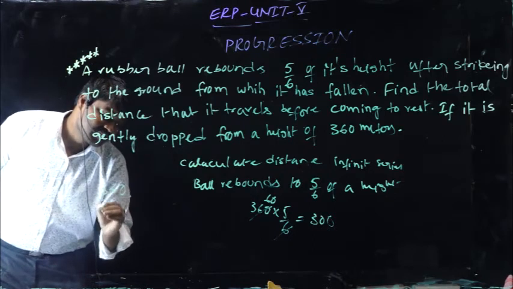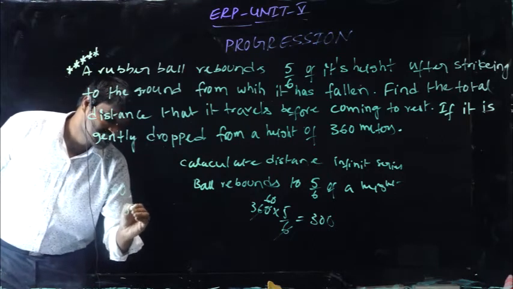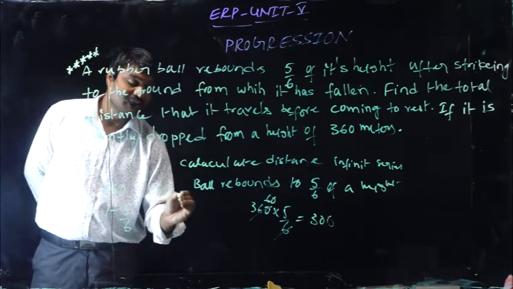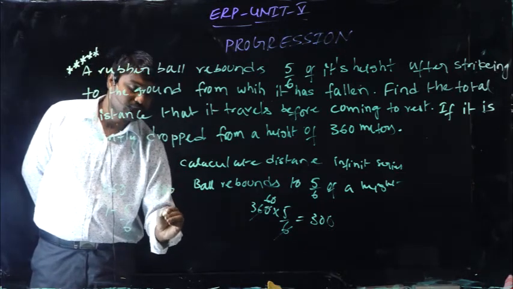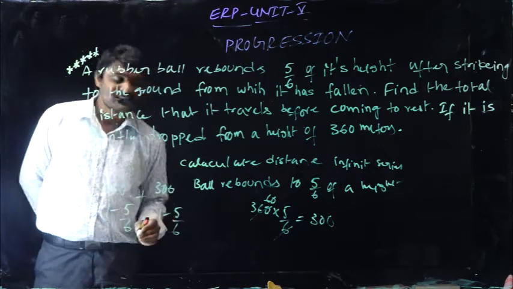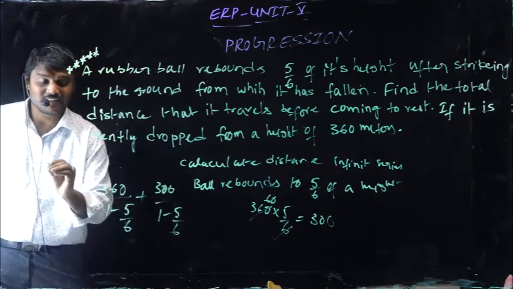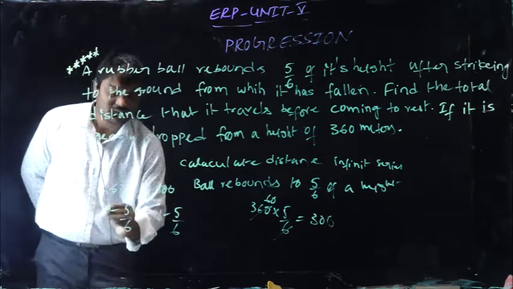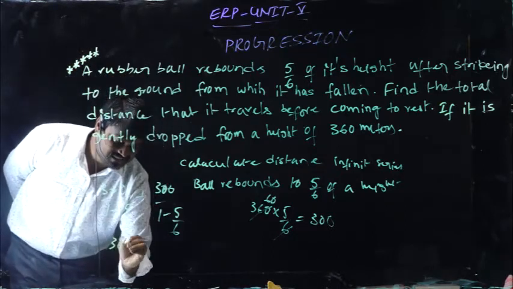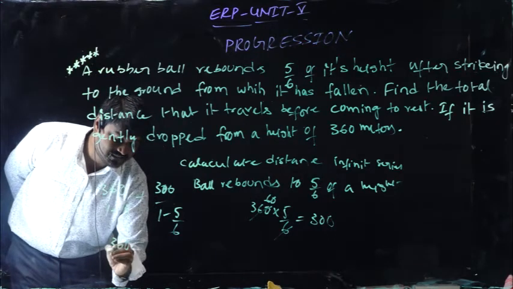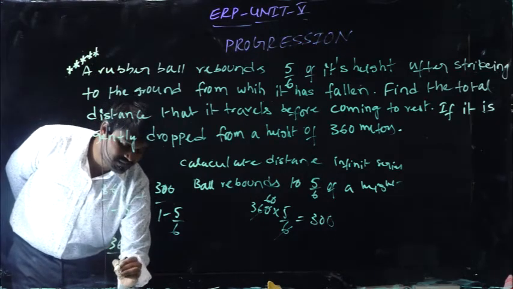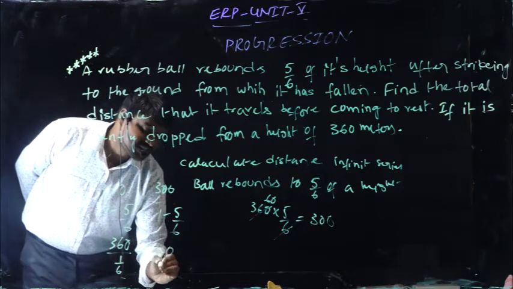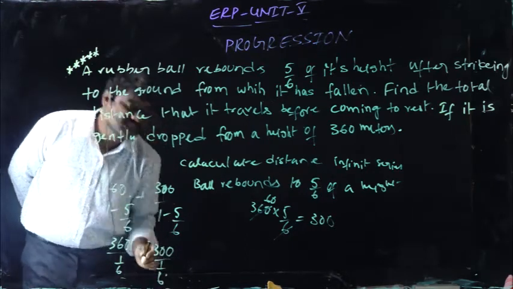360 by 1 minus 5 by 6 plus 300 by 1 minus 5 by 6, because S infinity equal to a by 1 minus r. So here 360 by 1 by 6 plus 300 by 1 by 6.